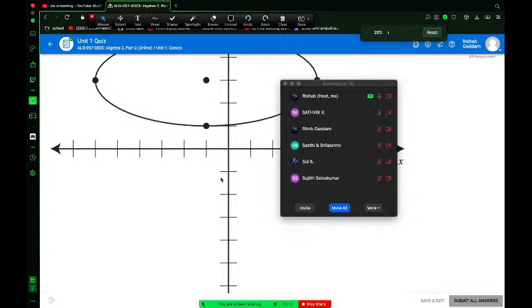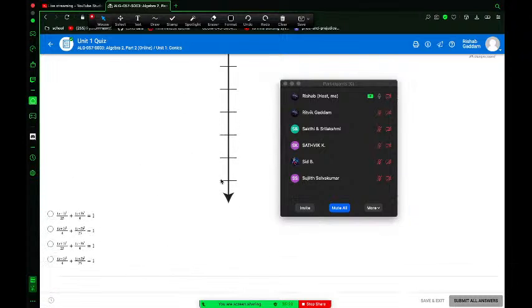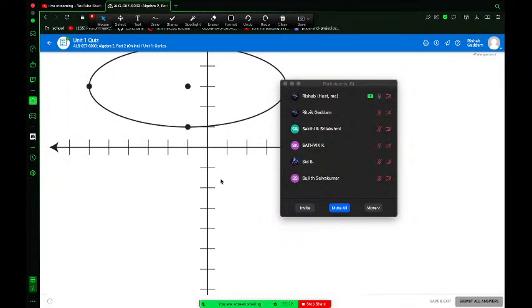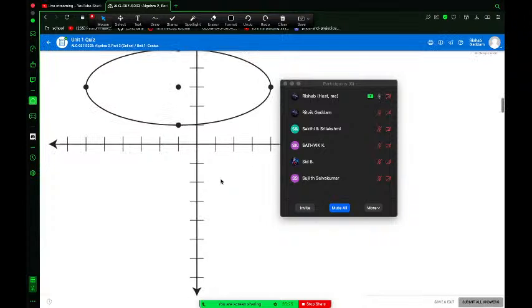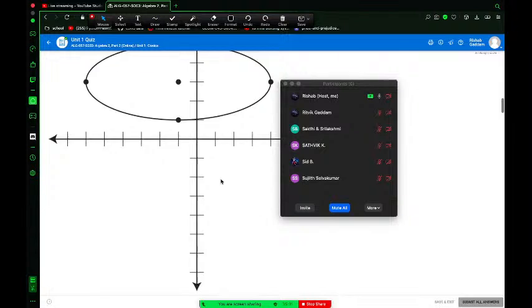I can't see the answers. This is the smallest I can go, and it's not letting me see both the graph and the answers. I don't think it's possible.